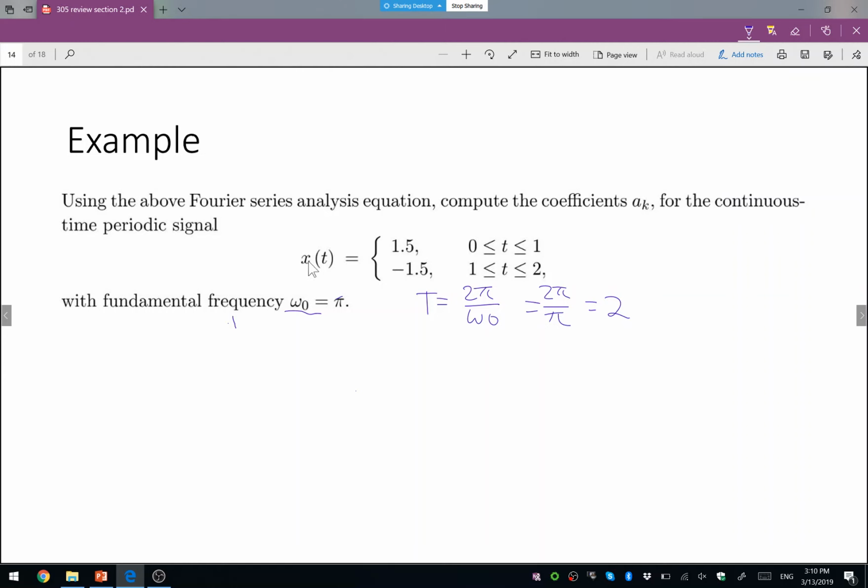And let's check this piecewise equation. From 0 to 1 and 1 to 2, that means from 0 to 2 is just one period. So it describes everything inside one period. So we are safe to just apply the equation here.